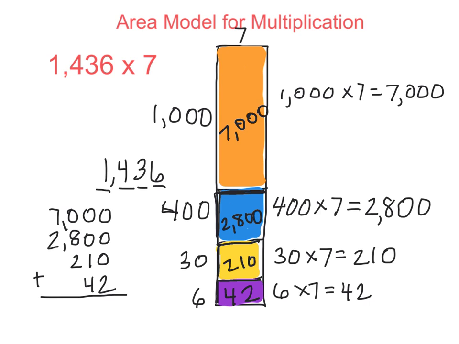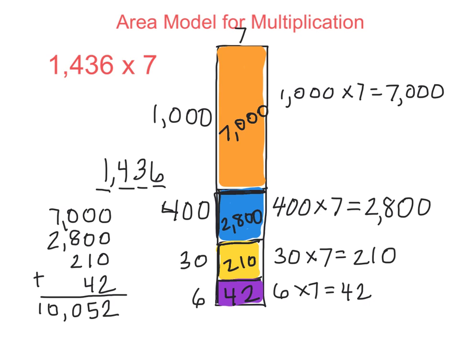Lots of different ways to solve this. I'm going to use some mental math to figure it out. I know that 7,000 plus 2,000 is 9,000. And then I see that 800 and a 200, so that's another 1,000 to make 10,000. And 42 plus 10 is 52, so 10,052.